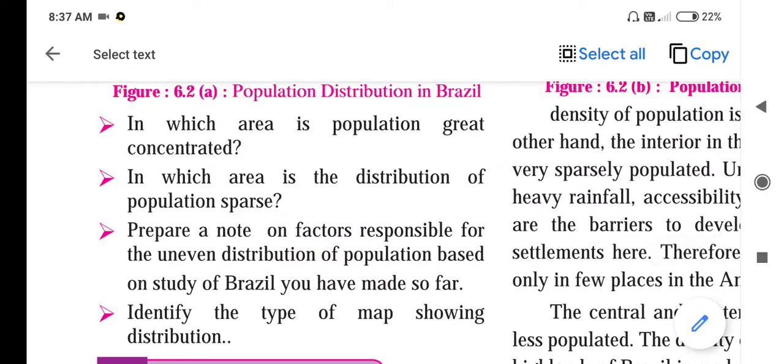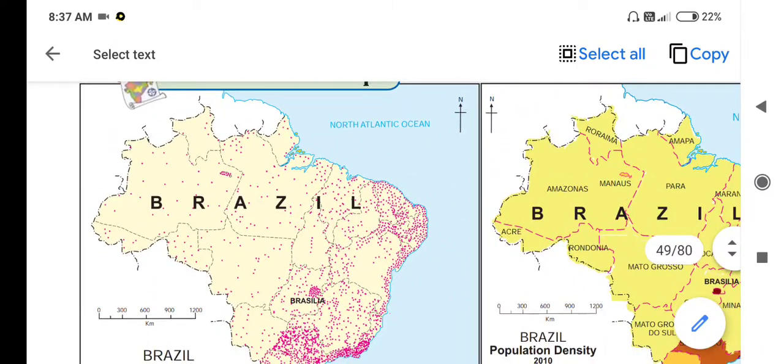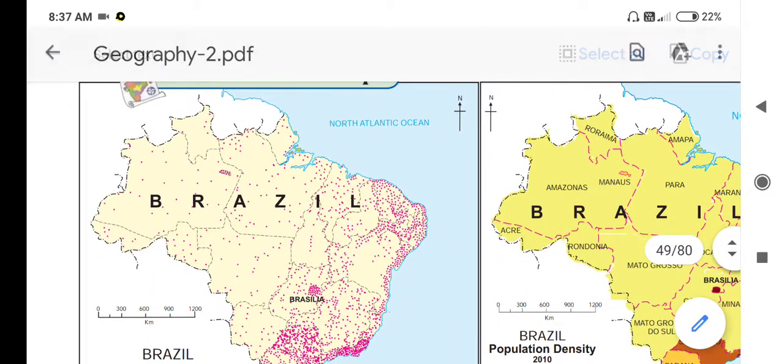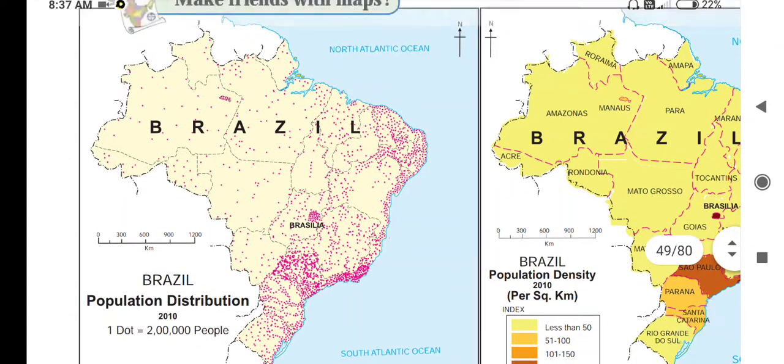Prepare a note on the factors responsible for the uneven distribution of the population based on the study of Brazil you have made so far. In our previous chapters we have studied the physiography of Brazil, and we know why the population in the western part is less.